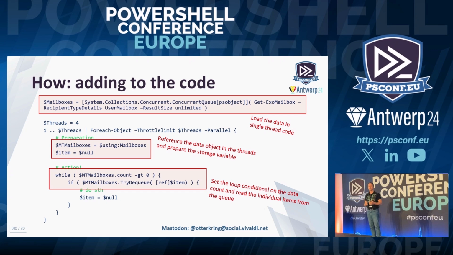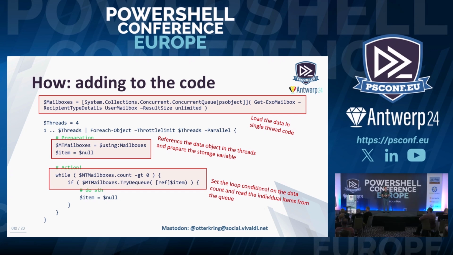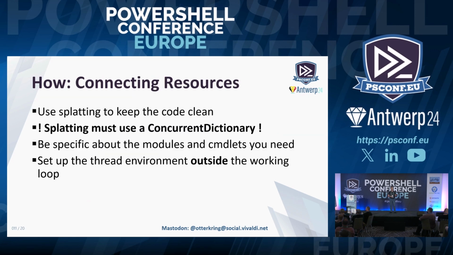It will not remove the item from the queue then. You add it to the code as you would expect it. Prepare the variable in the single-threaded code. Then in the multi-threaded code, you reference that variable with the using prefix, and then use the multi-threaded data type as fit.